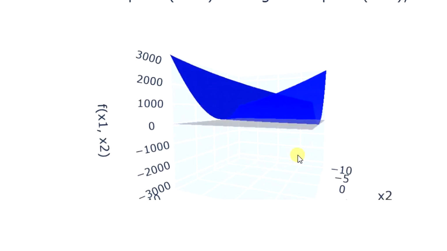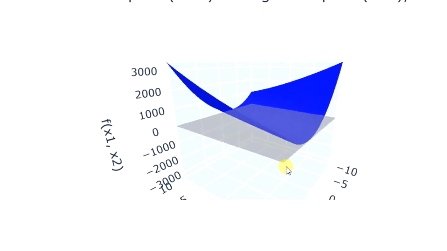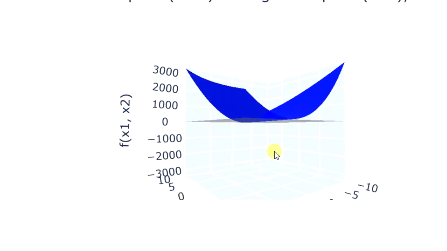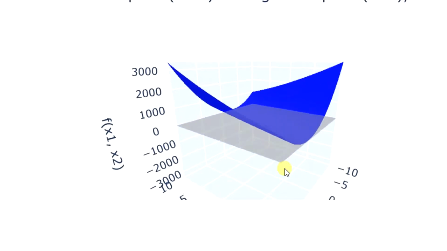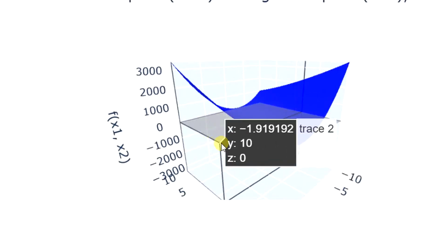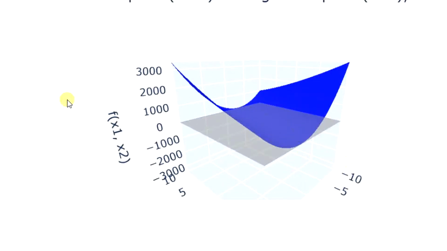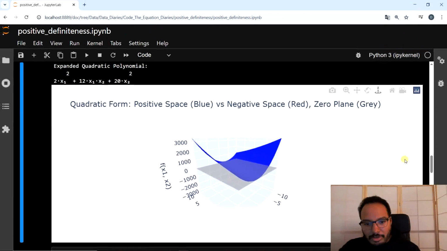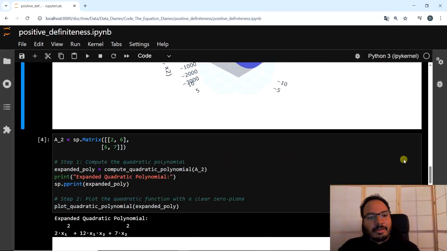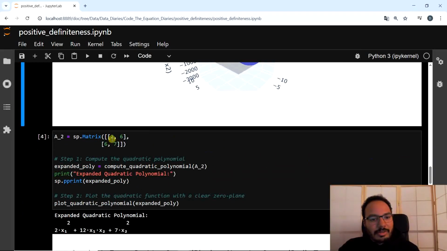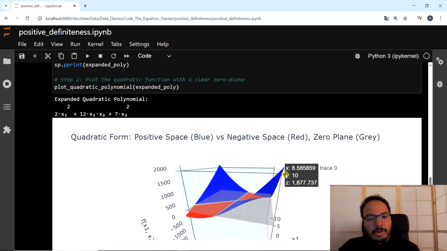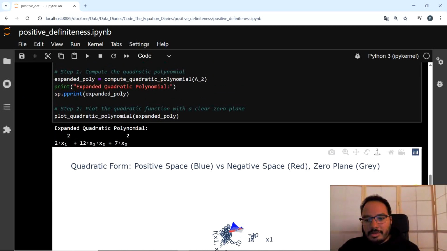And you see that none of the parts of this graph extends into the negative space. Everything is in positive space, and it also doesn't hit this xy plane over here. So this is a positive definite matrix. Okay, and then let's have a look at this case, matrix 2, 6, 6, 7. And when we print this one, we get this graph over here.